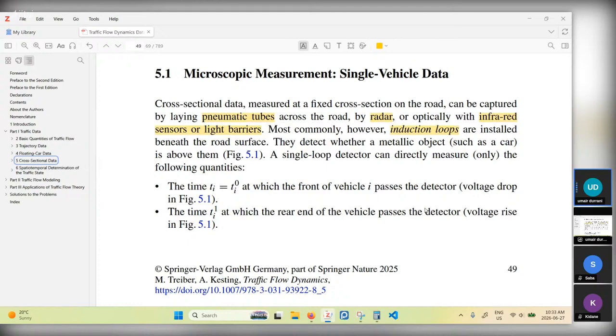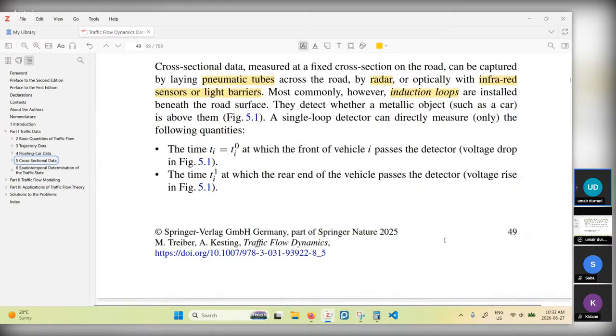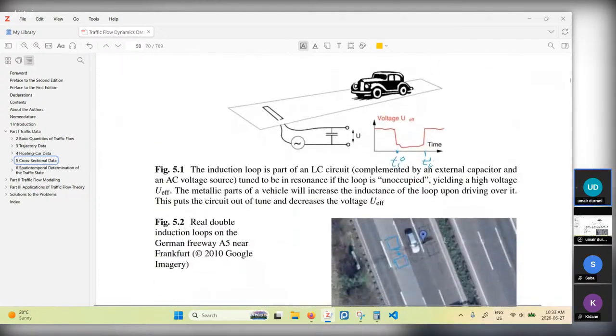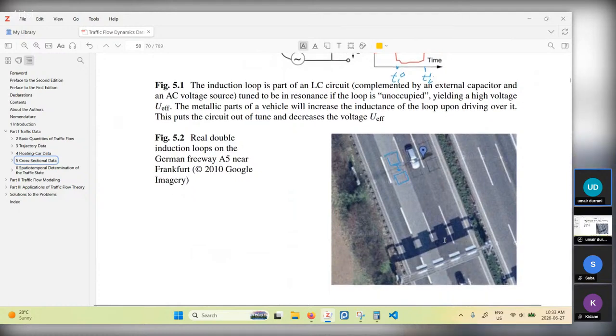So we've already talked about the times when the front of the vehicle enters the loop and times when they leave. There's also in this figure 5.2, which I have highlighted here, this part where we have the loops shown here, and these are two loops, not just a single loop, but two loops, one after the other.